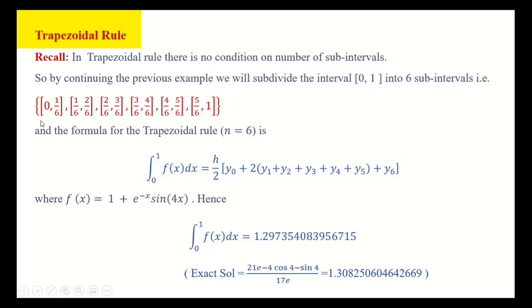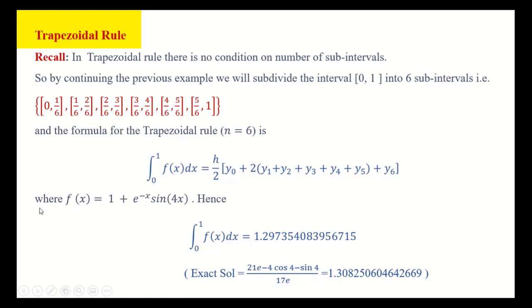So we have the same number of subintervals as we used in Weddle's rule, and for n is equal to 6 the formula for the trapezoidal rule is h by 2 [y0 plus 2 times (y1 to y5) plus y6]. So it is very easy to remember that the first and last terms have the coefficient 1, and all the middle terms have the coefficient 2. So it is easy to remember.